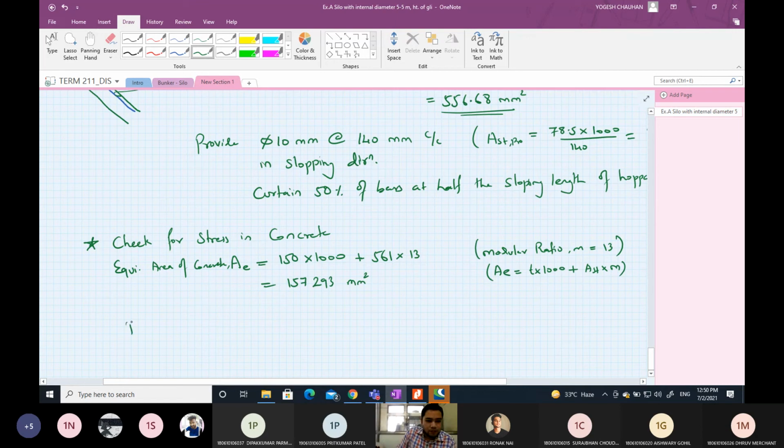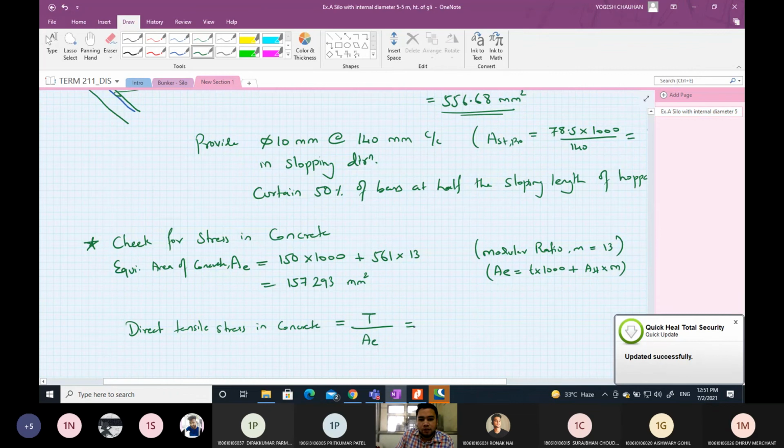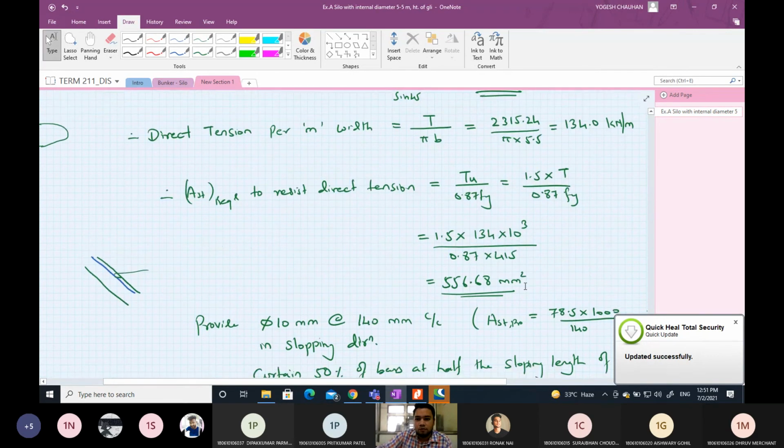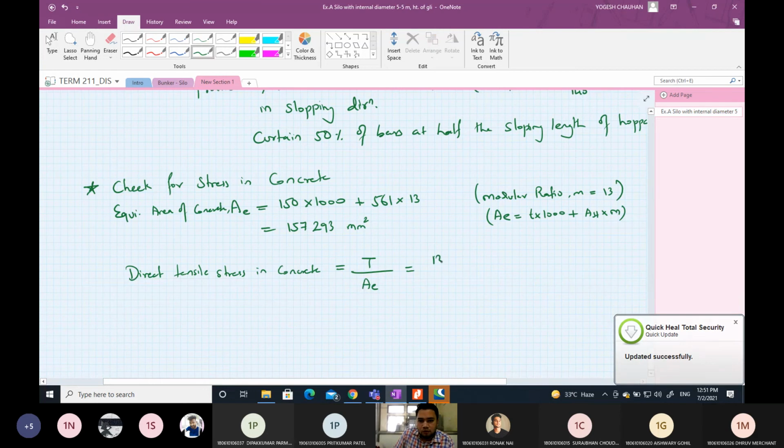So direct tensile stress in concrete will be equal to the service load, that is T, divided by AE. T is 134 into 10 to the power 3 divided by 157293.